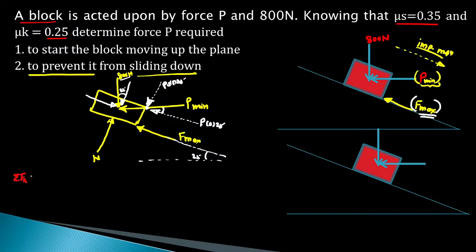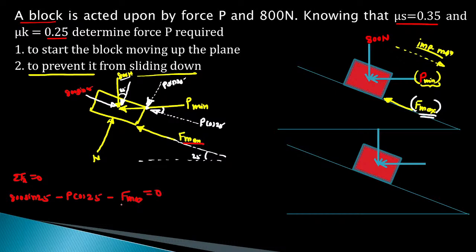So, summation Fx equals 0. For summation Fx equals 0, this force is 800, this is sin 25. So, 800 sin 25, then minus P cos 25 and minus this F max, and this is equal to 0.